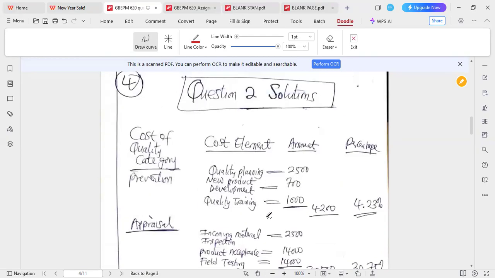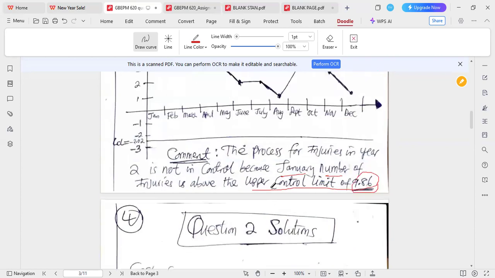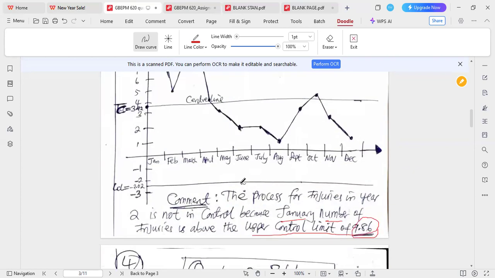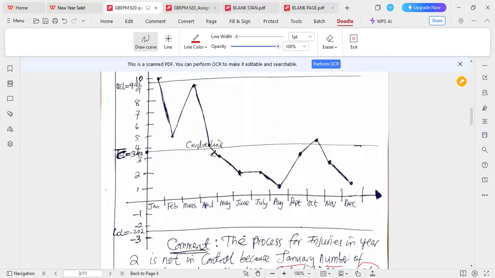So the process was not in control. Getting down to both years, year one and year two, the center line is 3.92, and then the upper control limit in this case was 9.86.